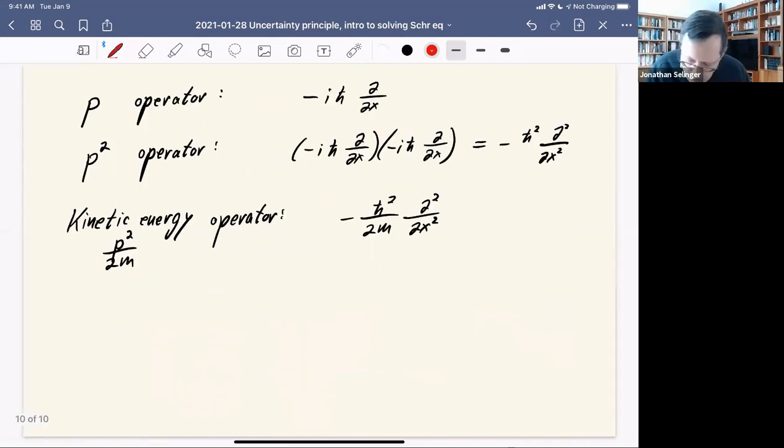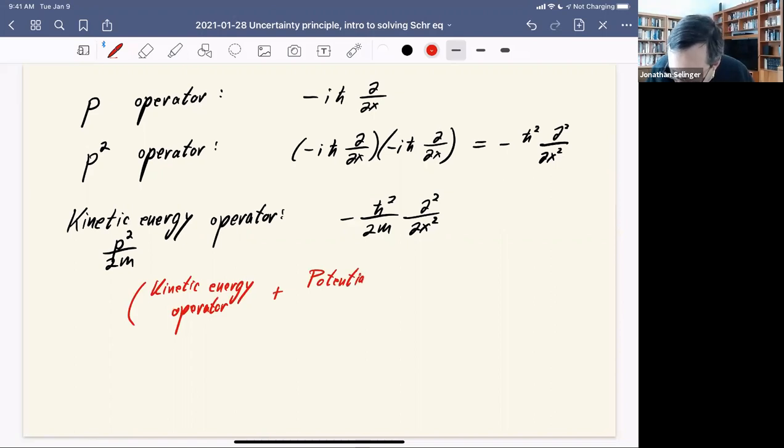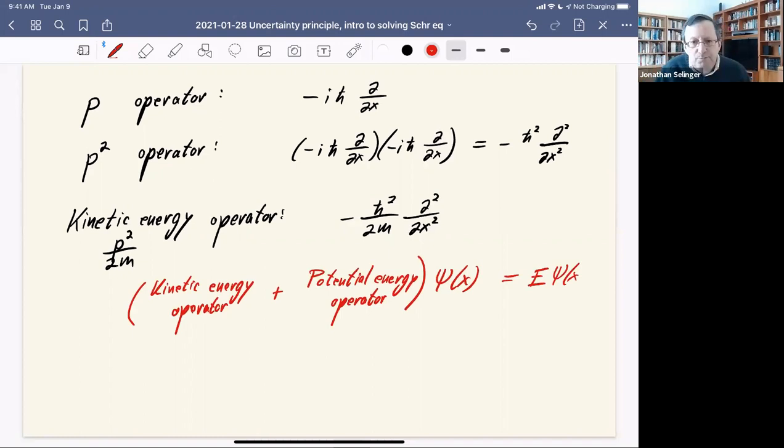So our equation looks like the kinetic energy operator plus the potential energy operator, which are both acting on psi, and that combination equals E times psi.